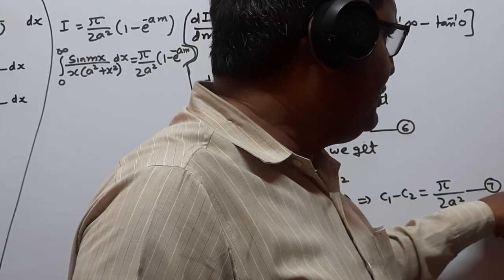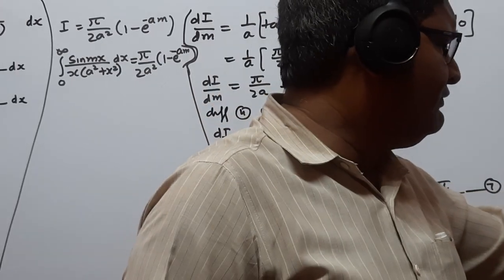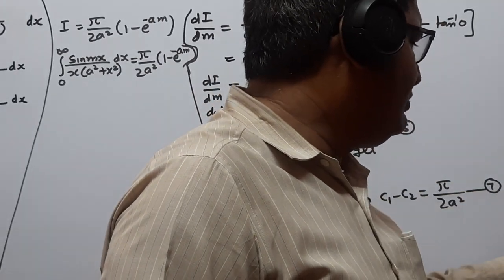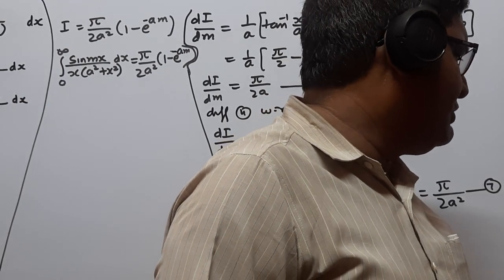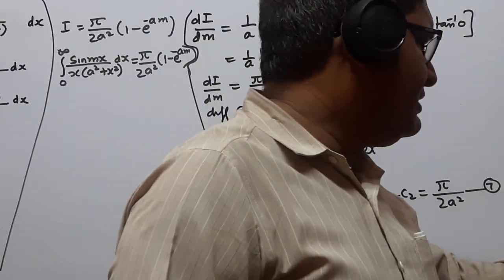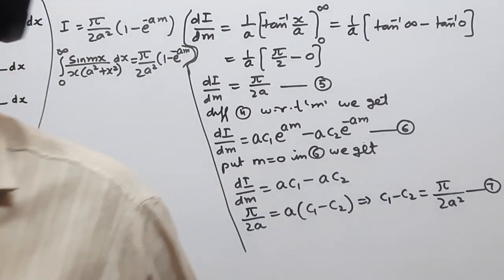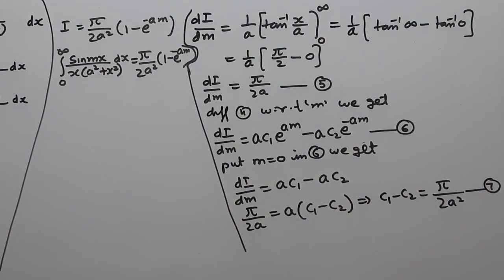Now we put C1 and C2 in this equation 4, so we get I is equal to minus pi upon 2a square times e to the power minus am plus pi upon 2a square. Now we take common pi upon 2a square, we get 1 minus e to the power minus am.